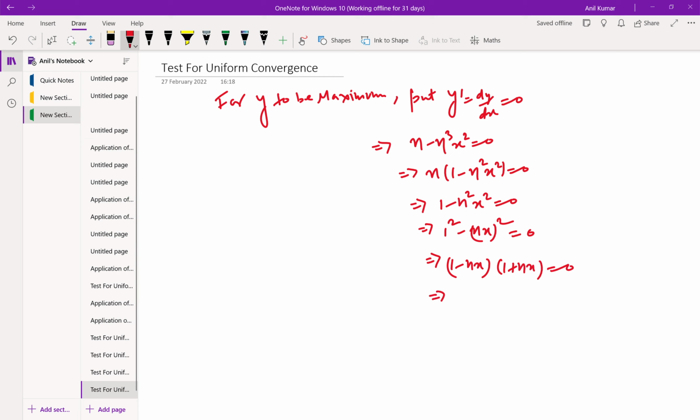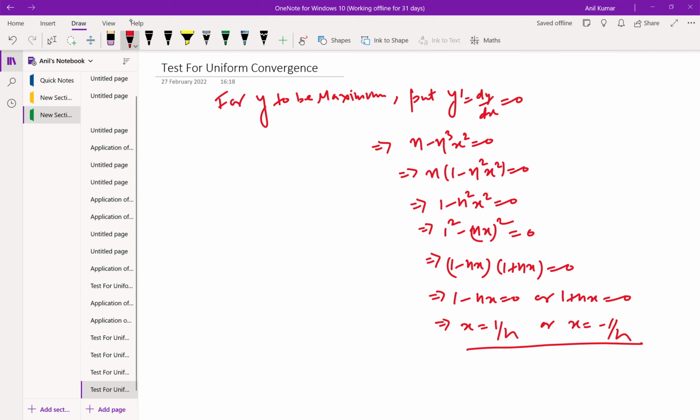Now either 1 minus nx is 0 or 1 plus nx is 0. From here we are getting x is equal to 1 by n, and from here we are getting x is equal to minus 1 by n, right? So we are getting 2 points.